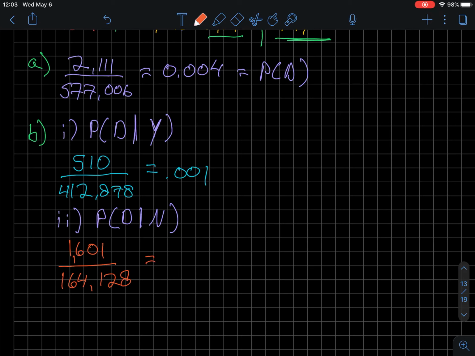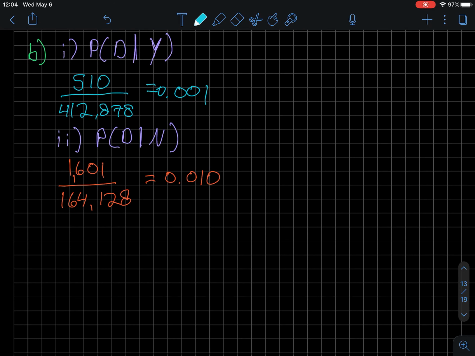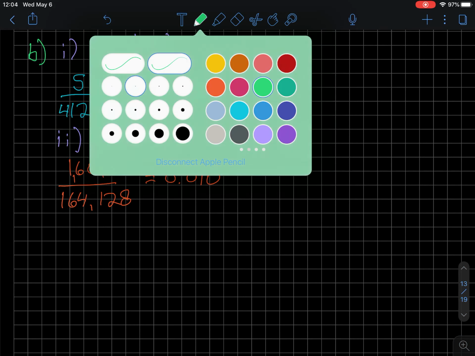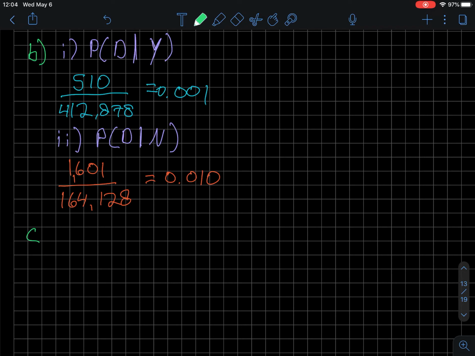And that is equal to 0.010. And just for clarification's sake, we'll do that right there. Okay, so hopefully that seems pretty straightforward, pretty easy to figure out with the amount of information. So let's move on to part C.